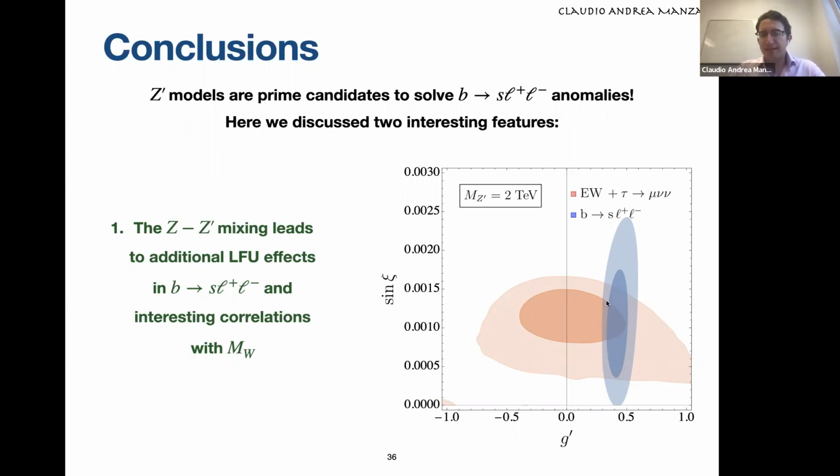And at the moment, we can see a nice correlation between the B2SLL data and the electroweak data in terms of the mixing angle of a Z prime with the standard model Z.